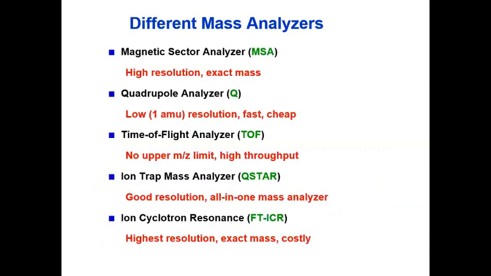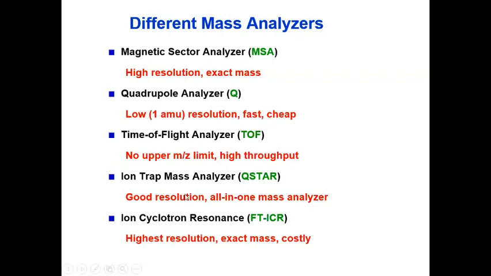We have different types of mass analyzer, like the magnetic sector analyzer, which will give high resolution of peaks in the mass spectrum and exact mass. The quadrupole analyzer again gives high resolution and fast analysis, and the cost of the quadrupole analyzer is very cheap. Then we have the time of flight analyzer, and using this we can do high molecular weight analysis up to 200,000 kilodalton, with high throughput, meaning we can analyze many samples at a time.